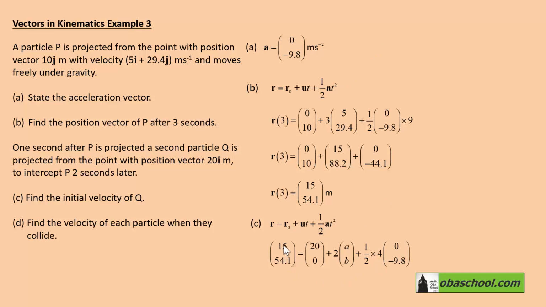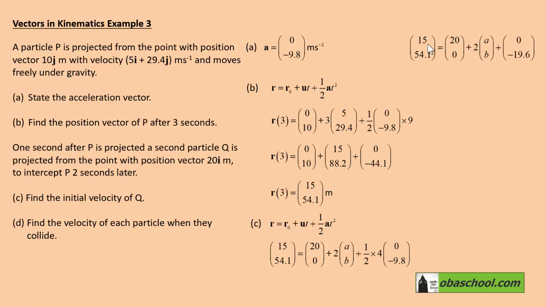So 15, 54.1, the point of intersection, is going to be equal to 20, 0, that's the initial position of Q, plus the time times the velocity vector, which we don't know, so I've just called it a, b, plus a half times t squared times the acceleration. Q also will be moving freely under gravity.